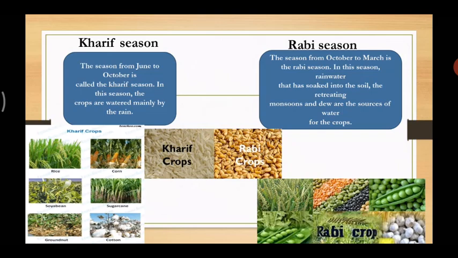So the rainwater which has fallen and soaked in the ground is used for the crops. Now what are the examples of Rabi crops? For example, peas, wheat, gram, barley are the different Rabi crops. Let's move forward.